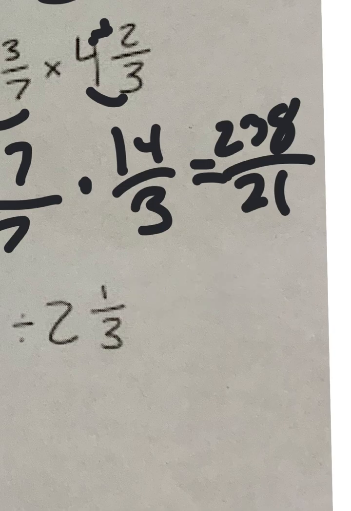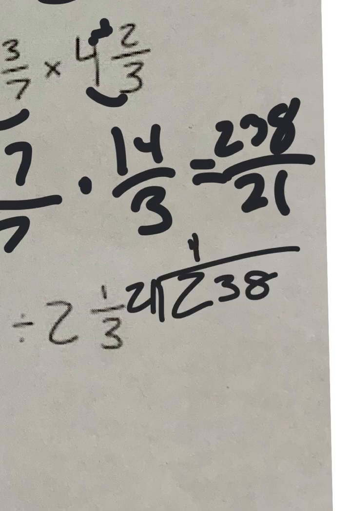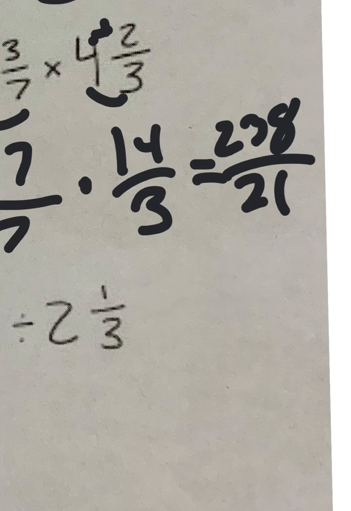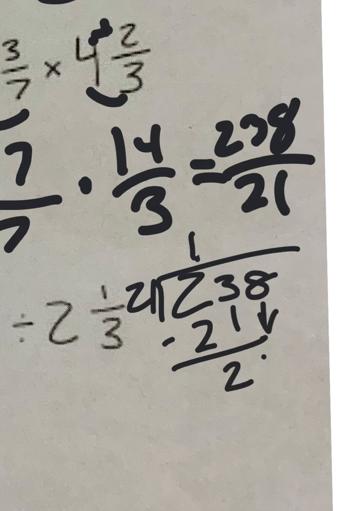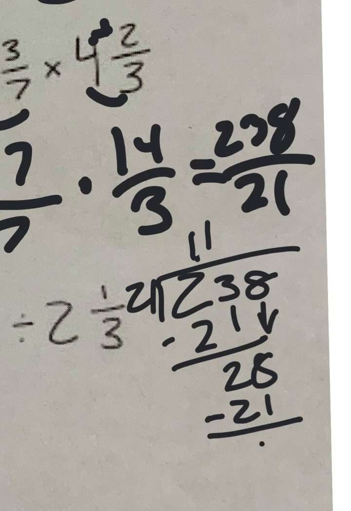So 21 goes into 23 once. We get a remainder of 2, bring down the 8. 21 goes into 28 once again. So 28 minus 21 is 7.